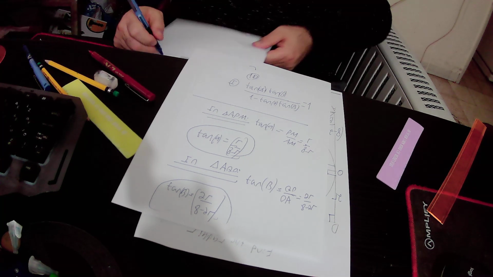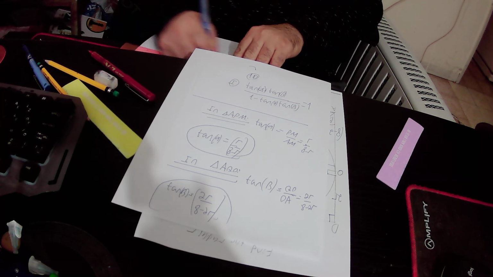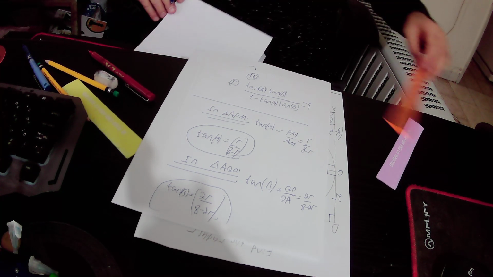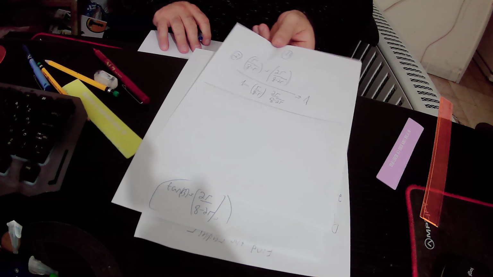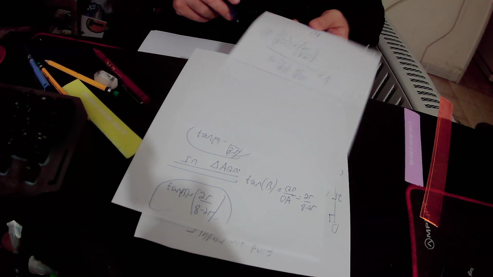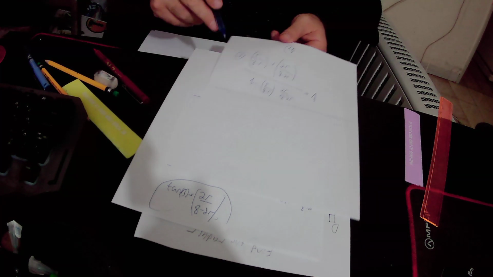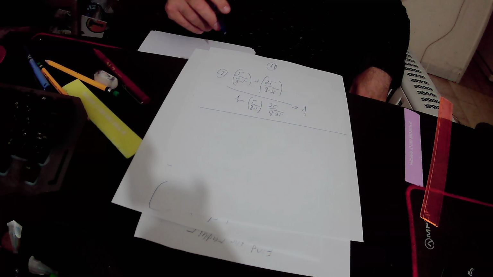Okay, so we got this equation number 1 after we substituted tangent alpha and tangent beta by the values that we found. So we have here one equation with one variable that is R, the radius of the small circle.